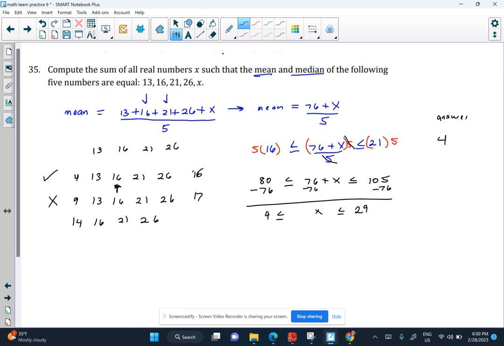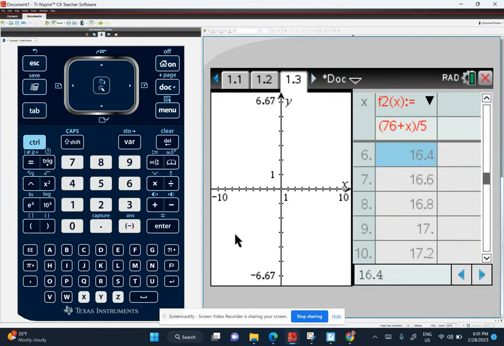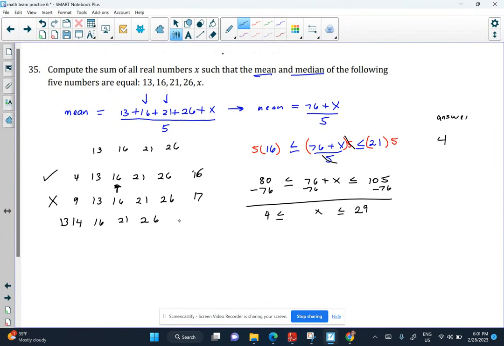I lost a number. So 13, I lost my 13. And when I look at the median, which is obviously higher, I guess I could have ignored it. The mean was 18. So that didn't work.